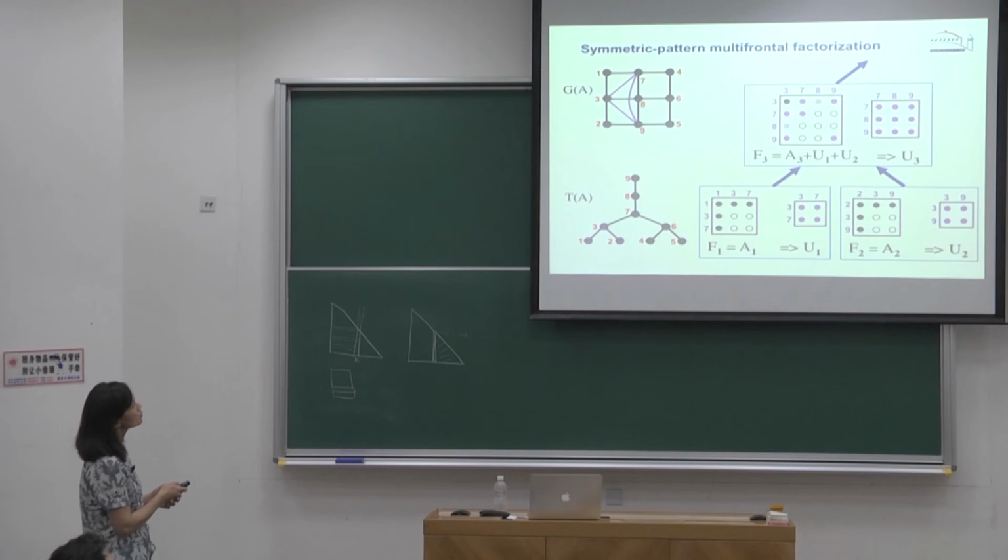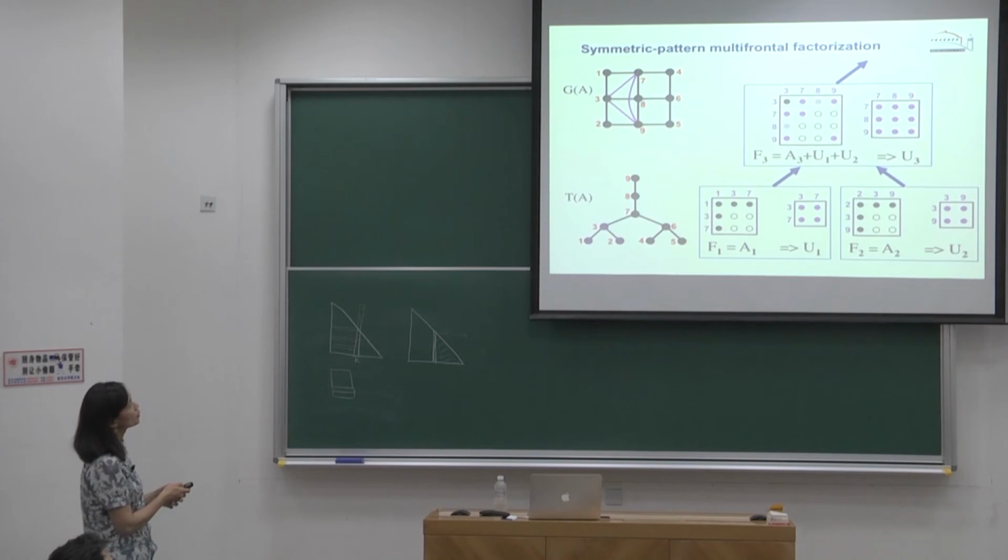These pieces need to be merged together, added into the frontal matrix of node 3. And then we start eliminating node 3 and get another update matrix U3, which is 7, 8, 9, because after you eliminate 3, 7, 8, 9 will be connected.